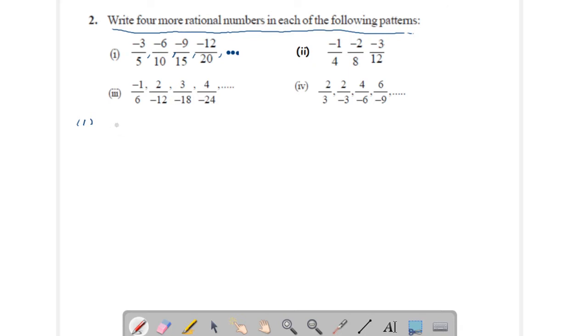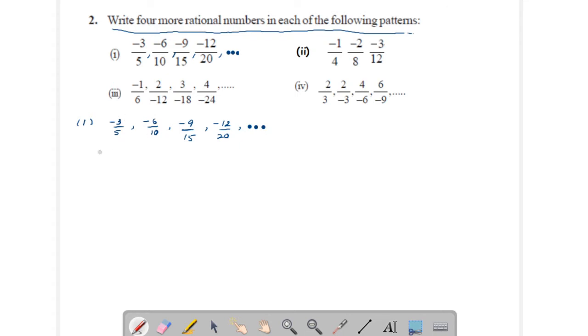I take first part, minus 3 upon 5, minus 6 upon 10, minus 9 upon 15, minus 12 upon 20, and so on.